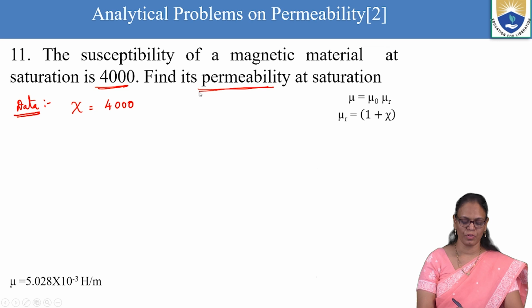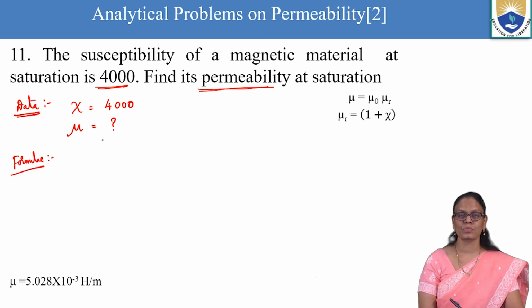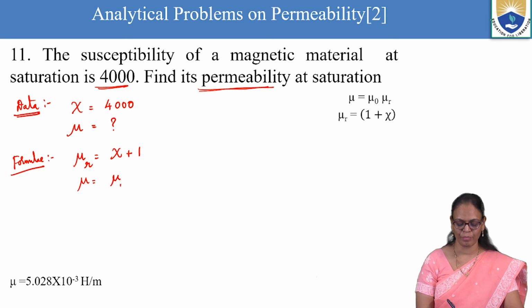We have to find the permeability. So, which formulae we are going to use? Given the value of chi, we can easily find mu r. So, mu r is equal to chi plus 1. Once you get mu r, you can find mu is equal to mu naught into mu r. So, these formulae we'll use.